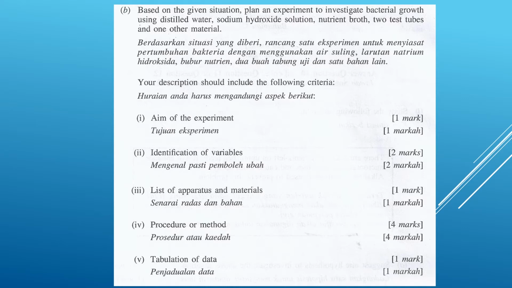Okay, for part B, let us read the question. Based on the given situation, plan an experiment to investigate bacterial growth by using distilled water, sodium hydroxide solution, nutrient broth, 2 sets of test tubes, and 1 other material.